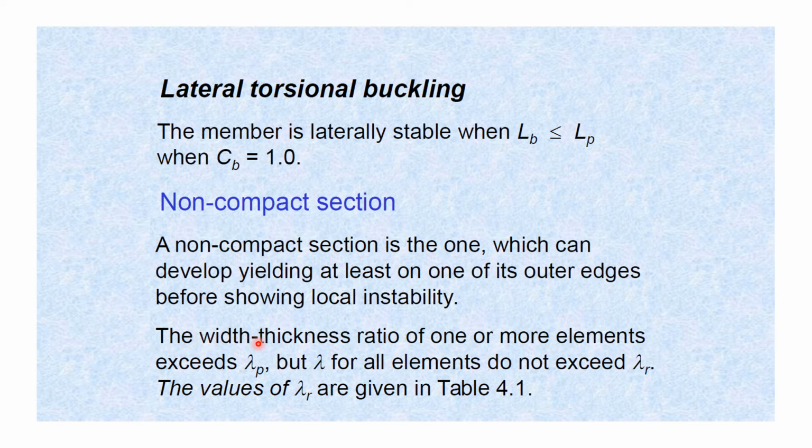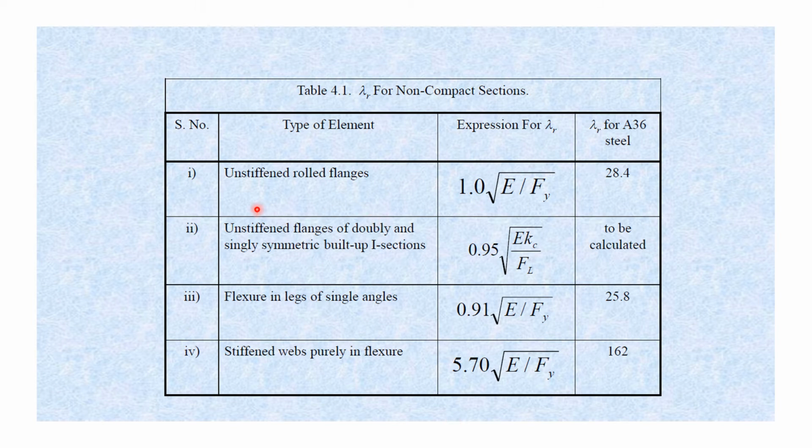The width to thickness ratio of one or more elements exceeds lambda p, meaning our flange or web criterion exceeds lambda p, but lambda for all elements does not exceed lambda r. It exceeds lambda p but does not exceed lambda r. The values of lambda are here in the table, for unstiffened rolled flanges and unstiffened flanges of singly symmetric built-up sections. We calculate the lambda r value and check that our lambda is less than this lambda r.